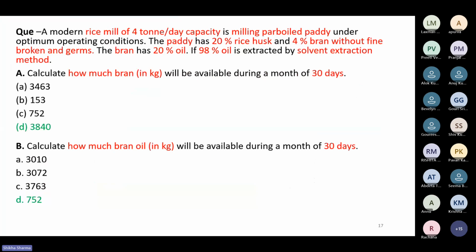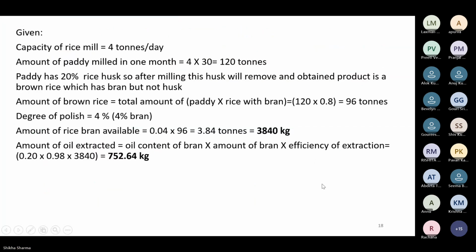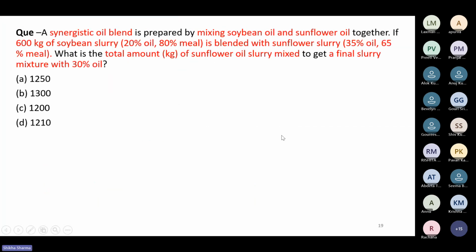Anyway, let's move to the next question. So next is also a numerical problem. A synergistic oil blend is prepared by mixing soybean oil and sunflower oil.